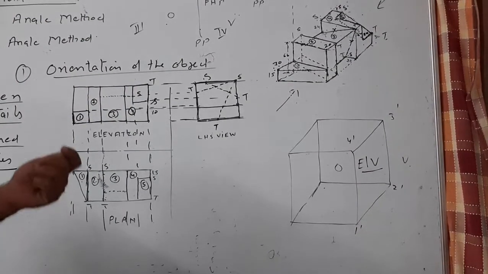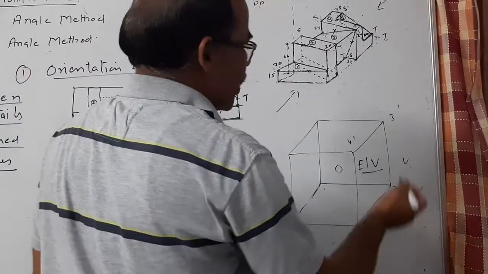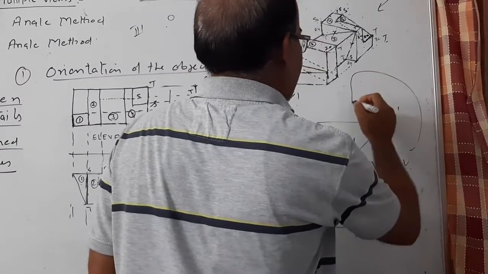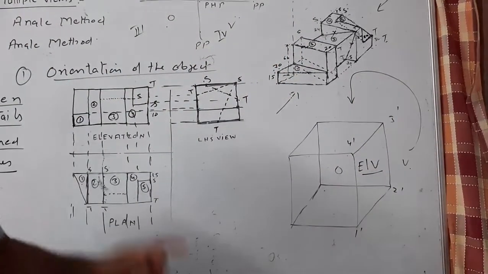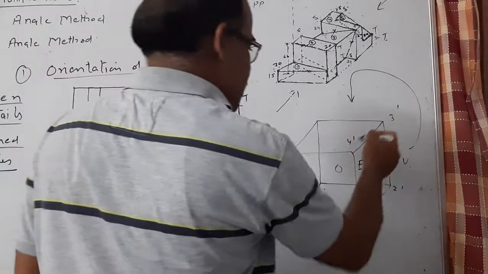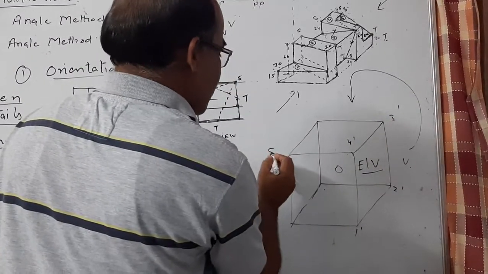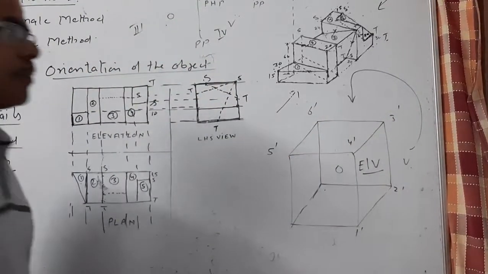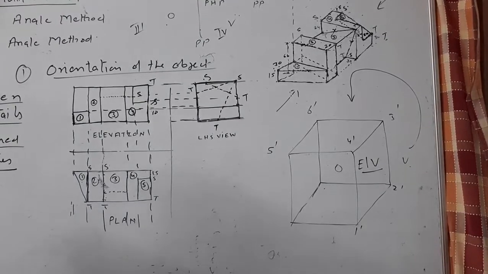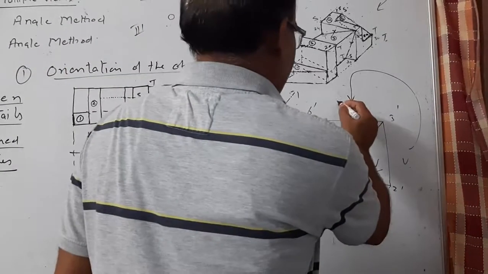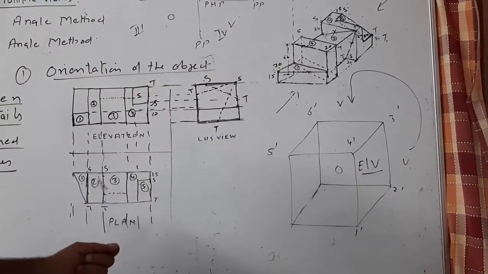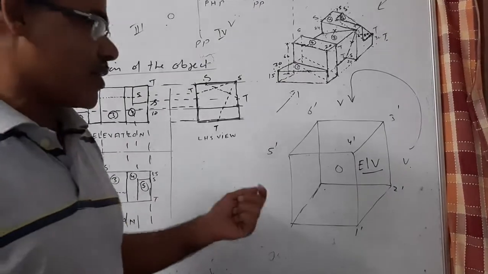Now to have the second important view, that is plan, viewer has to move at the top, and now the projection plane is 3 dash, 4 dash, 5 dash and 6 dash. Now again you see the condition, relative positions of plane, object and viewer are same.